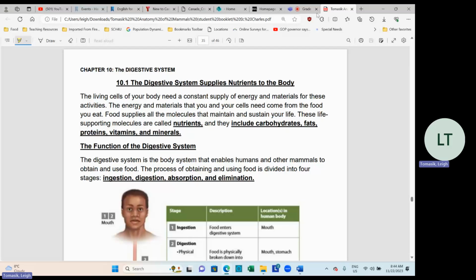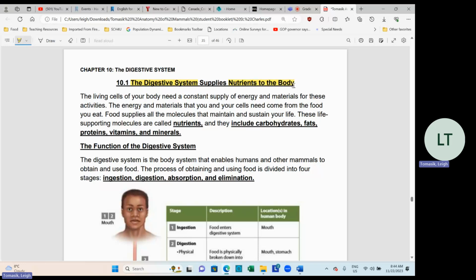Class, today's lesson is on the digestive system, and this will be the last of the three systems that we'll be exploring in our class. The digestive system's role is to supply nutrients to the body.